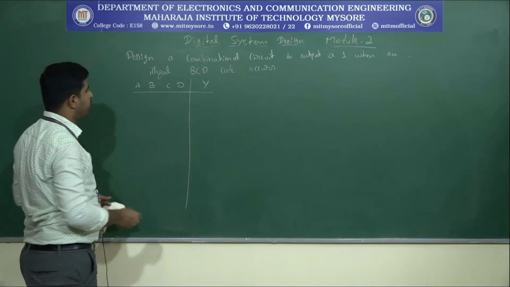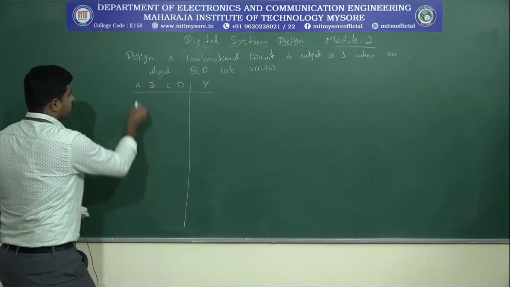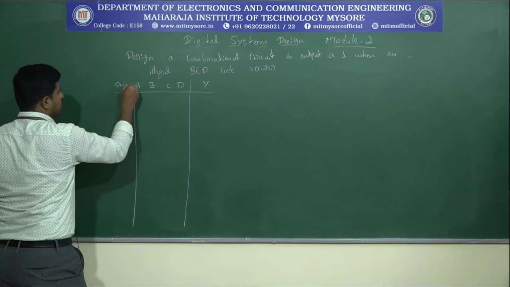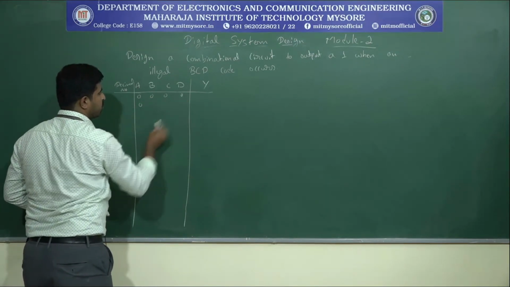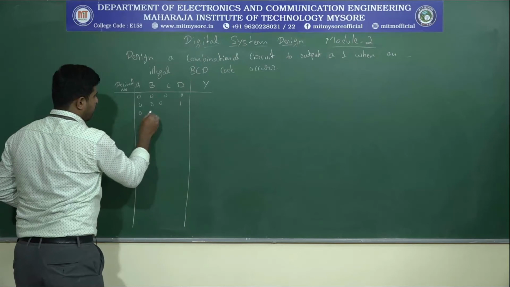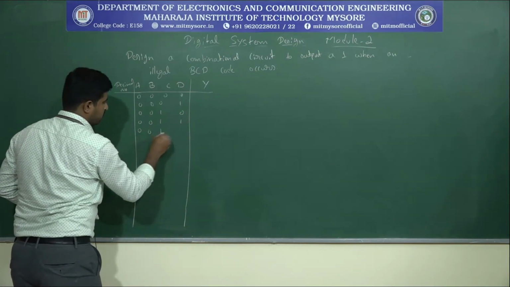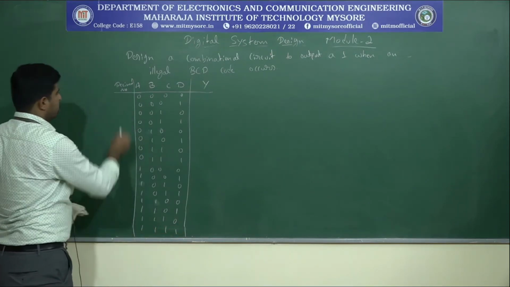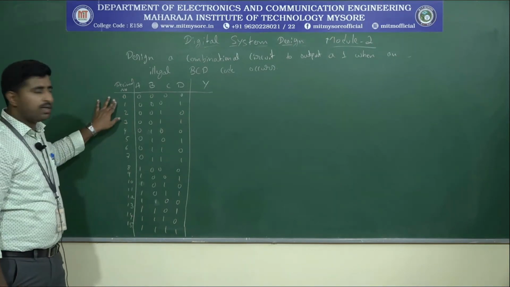Now the truth table will have 4 inputs and 1 output. As usual I will write the decimal numbers.